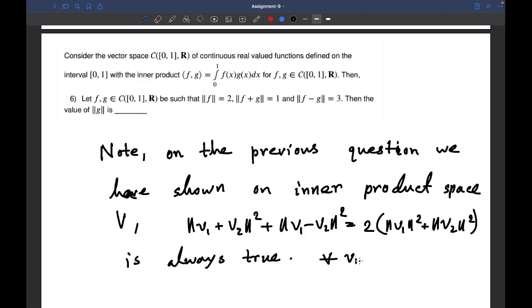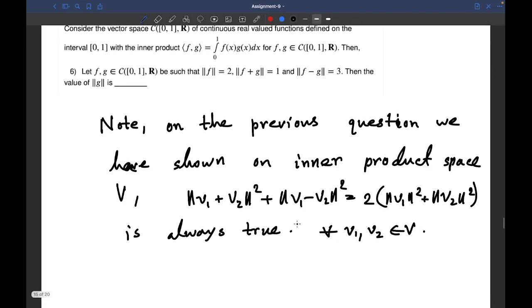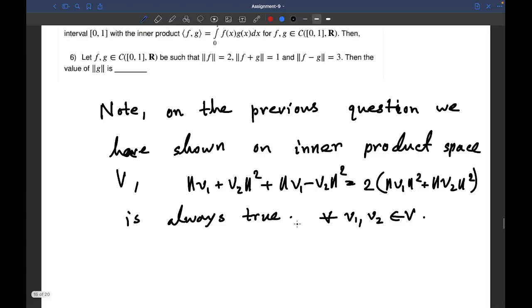For all v1, v2 belonging to V. So we'll use this to prove this question number 6.